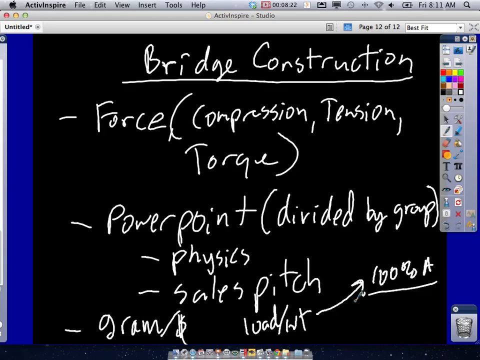If person A is spectacular, person B is spectacular, and the person doing the sales pitch has slides that are all just black with one word on them, or no diagrams, nothing, then yes, I reserve the right to give grades as I think are fit. So you pull your own weight in this project.